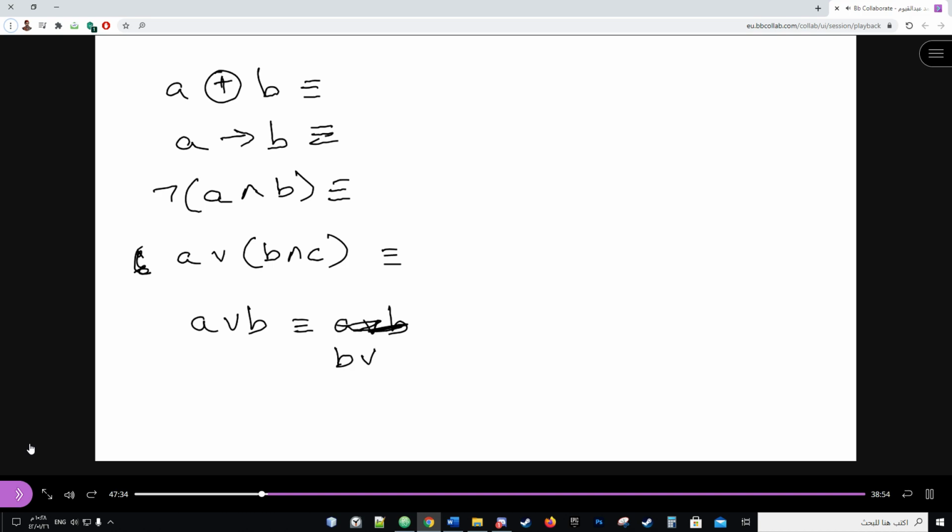Rearrangement. A or B is the same as B or A. So we used this law, and we used two more laws. Not A or A is always true, and not A and not A is always not A. So simple laws like this. So we use lots of laws, referring and then applying. So that's all there is to it.